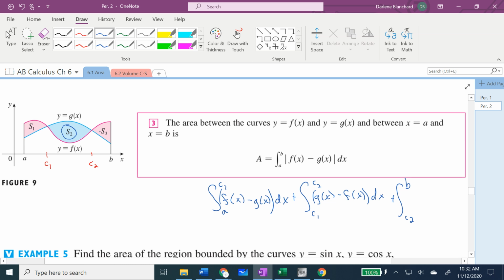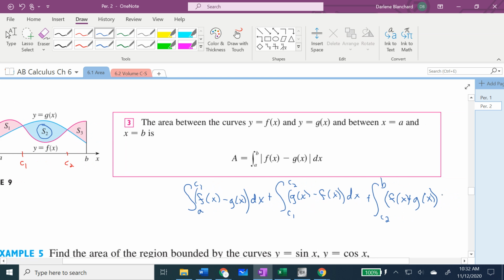And when I hit region 3, they swap back. And unfortunately, I can't just integrate the same integrand for one section. And then, go about your business of integrating.